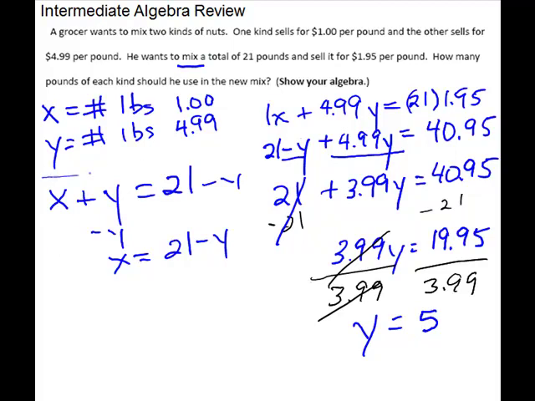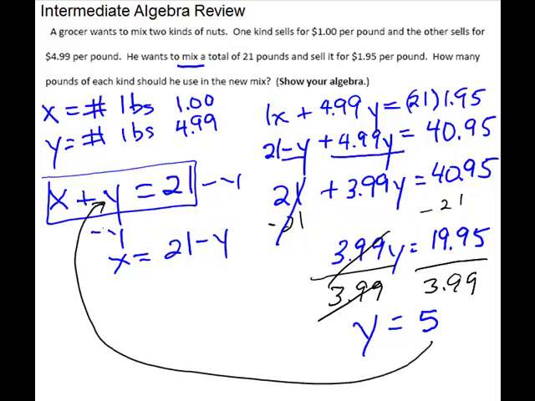All right, that was our original before I marked on it. So 5 gets substituted back. So X plus 5 equals 21. Subtract your 5, so X will be 16. So we have 16 pounds of the $1 mixed with 5 pounds of the $4.99 will give us 21 pounds at $1.95.